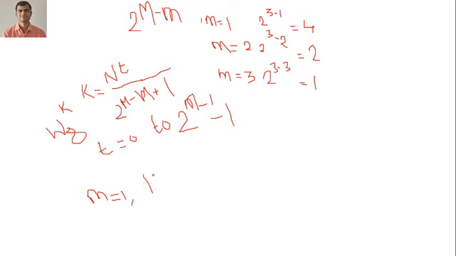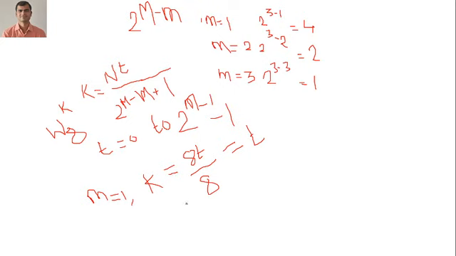So k is equal to 8t divided by 2 raised to capital M, which is 3, minus 1 plus 1. The minus 1 and plus 1 cancel, so it becomes 2 raised to 3, which is 8. So the value of k and t is the same.